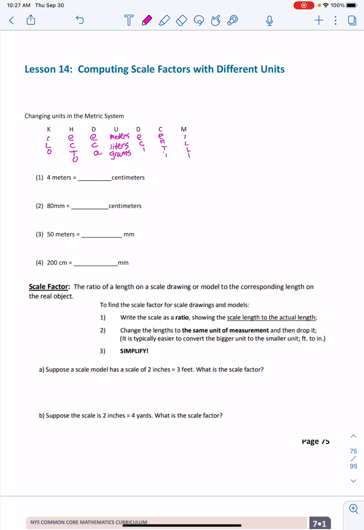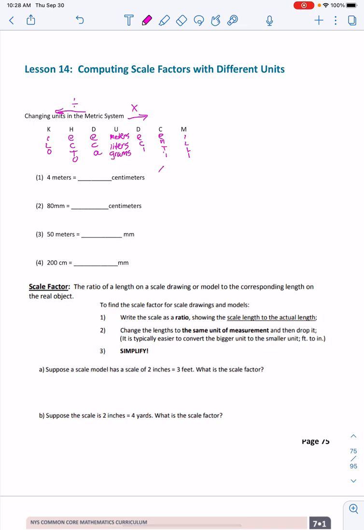So to change our conversions, we either are going to multiply by units of 10 or divide. If we start at our units, to go to the right, we're multiplying. This way we multiply. Going to the left, we divide.